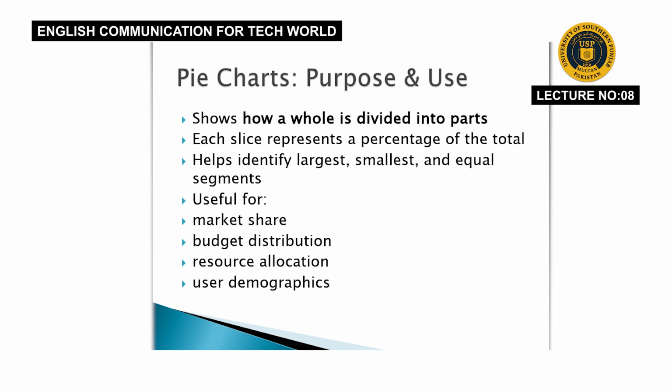Pie charts are very easy to understand because the size of the slice visually communicates the importance or contribution of that part. Pie charts are often used for market share comparison, budget distribution, resource allocation, user demographics, and survey results. Whenever the information presents parts of a whole, a pie chart is one of the best visuals to use.